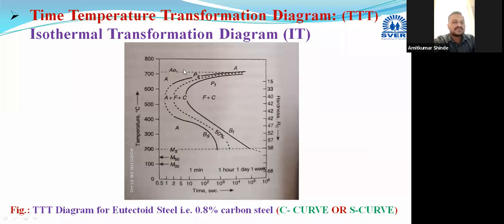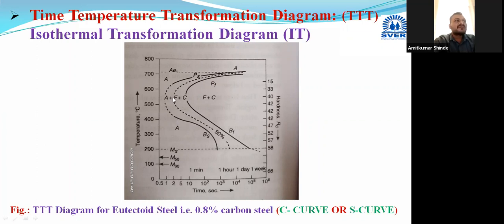You see the movement of this cursor, this A1 temperature here. In between this region, A1 and whichever curve we are getting, this is our TTT curve. This TTT curve has C shape or S shape. Hence, it is also termed as C curve or S curve.